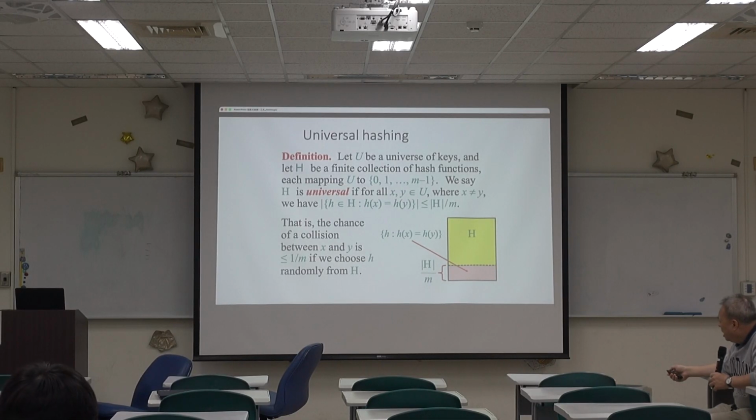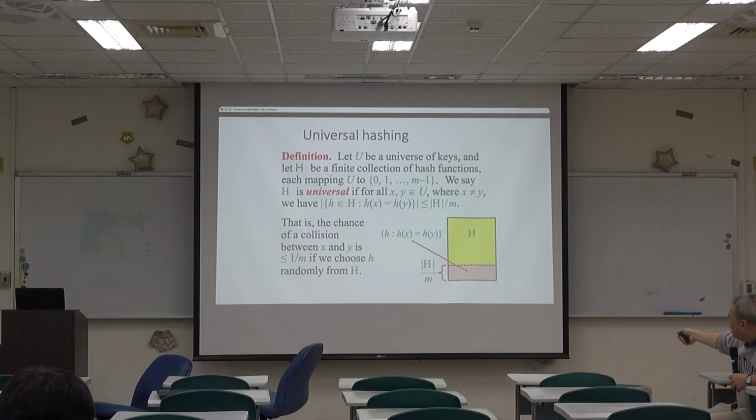Intuitively, that means the chance of collision between x and y, because we choose the hash function randomly, is smaller than or equal to 1 over n.